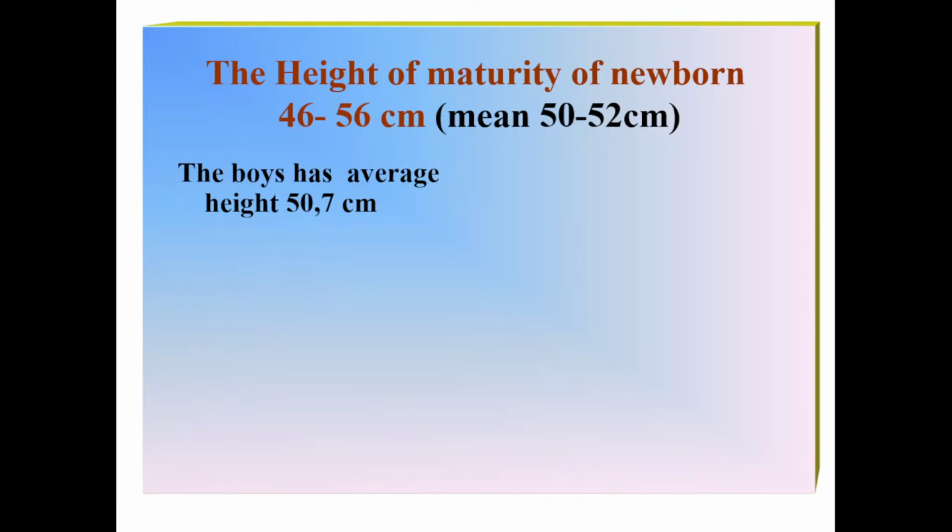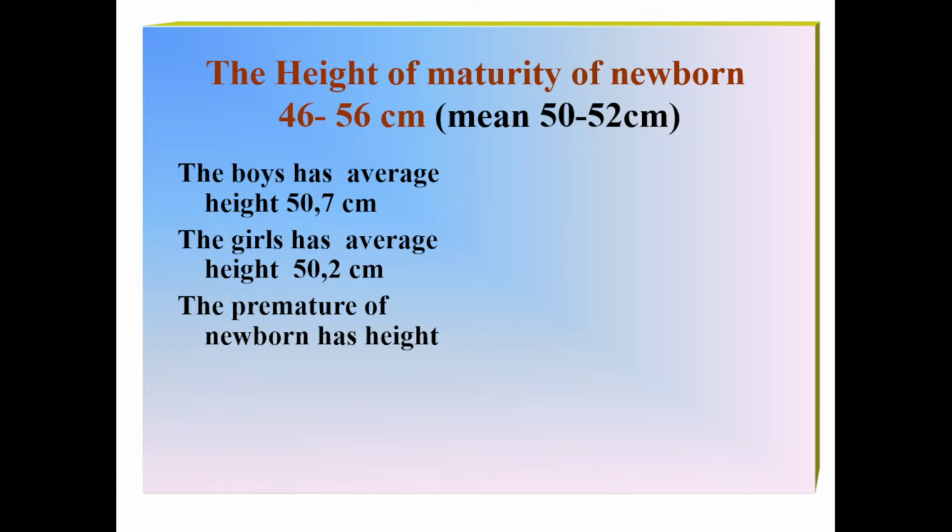When a baby is born, the height of a mature newborn in normal is between 46 and 56 centimeters, on average nearly 50 to 52 centimeters. The boys have an average height of 50.7 centimeters. The girls have a slightly lower average height, 50.2 centimeters.